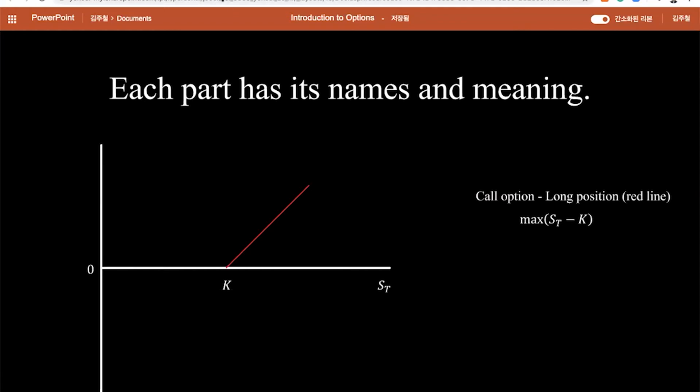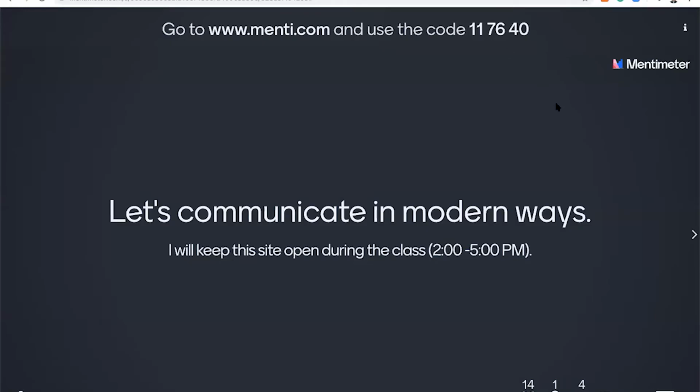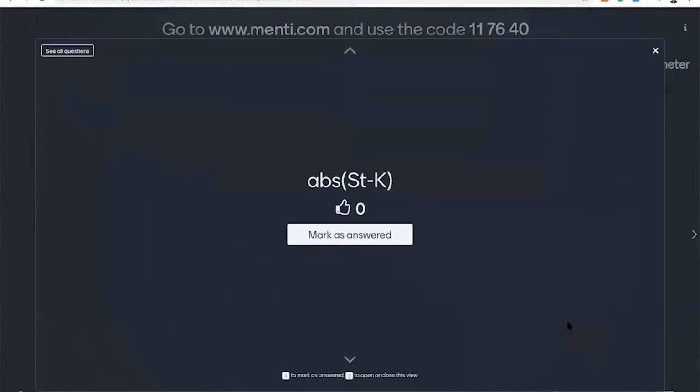Okay, I got one response. One said in the chat, it's 0, ST minus K. That's good. And I also have another: the absolute value of ST minus K. Oh, that makes sense.